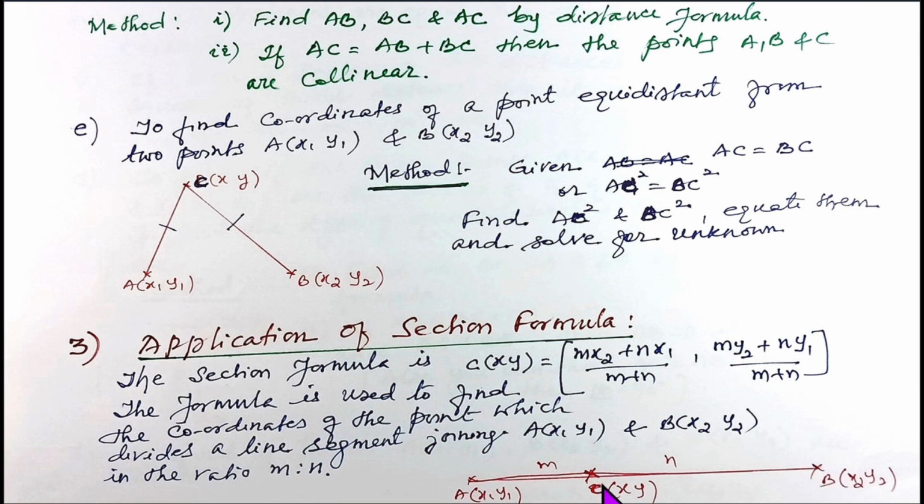That means A (x1, y1) and B (x2, y2) are 2 points in a coordinate plane, and C (x, y) is another point which divides the join AB in the ratio m is to n. To find the coordinates of C, we can use the section formula. Very simple. We just substitute the values of x1, x2, y1, y2, m and n, and simplify to get x and y.